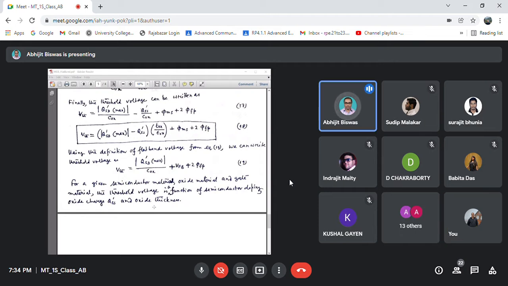You tell me in terms of material parameters. Means geometrical and material parameters. Material and geometrical parameters. What are those parameters?